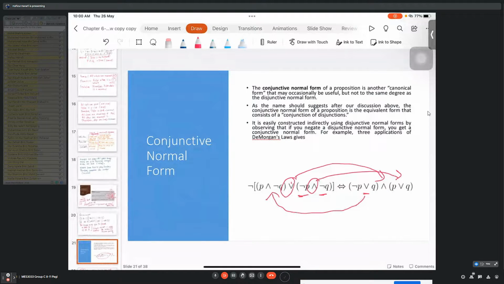Conjunctive normal form is a proposition of another canonical form that may occasionally be useful, but not to the same degree as the disjunctive normal form. We have CNF, and we also have DNF, conjunctive and disjunctive.